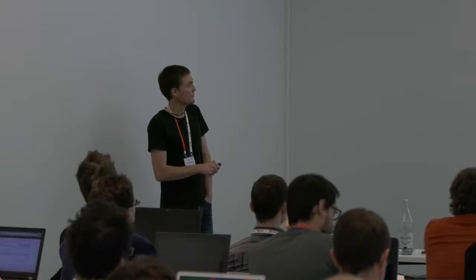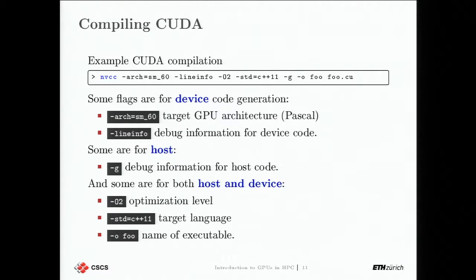Here's an example of compiling some CUDA by calling NVCC, and then there's a bunch of flags. The first two flags are specifically about generating the CUDA code. The -arch=sm_60 is telling it I want you to generate code for the Pascal P100 GPU.